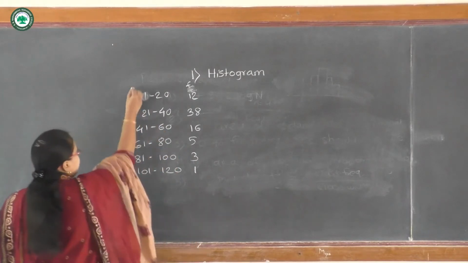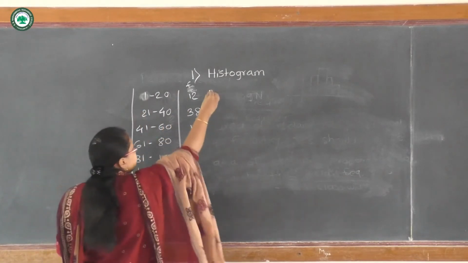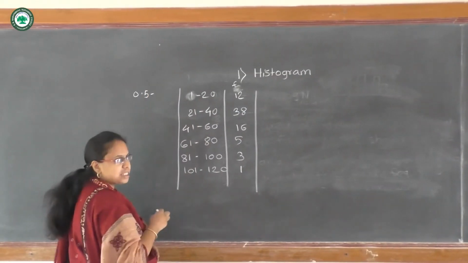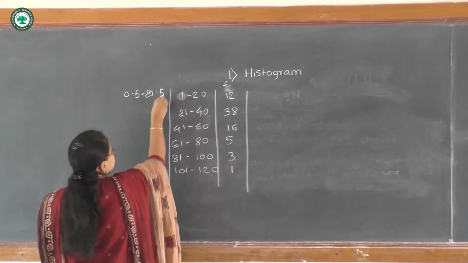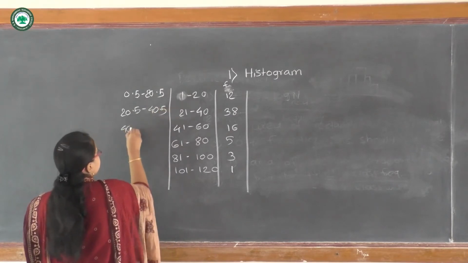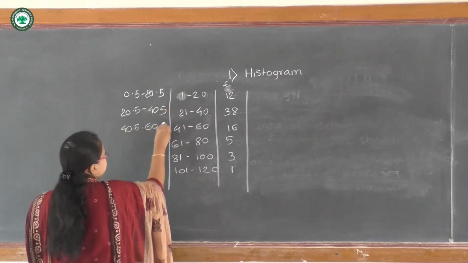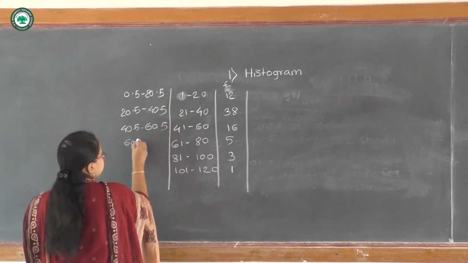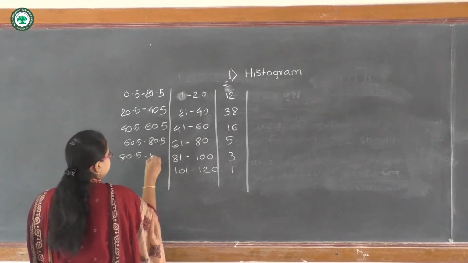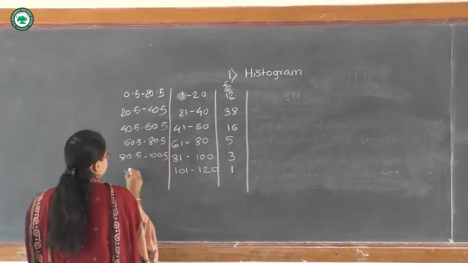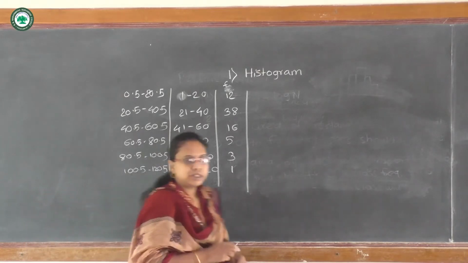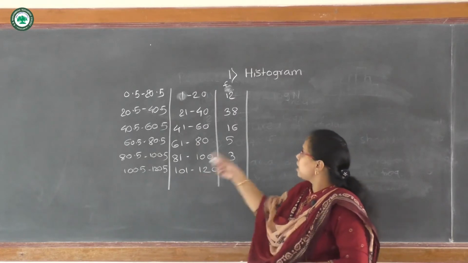So here we can make them by using the class boundaries, that is, extended classes. These are the exclusive type classes and these are the frequencies.